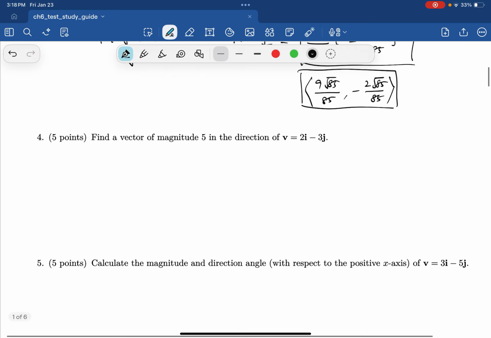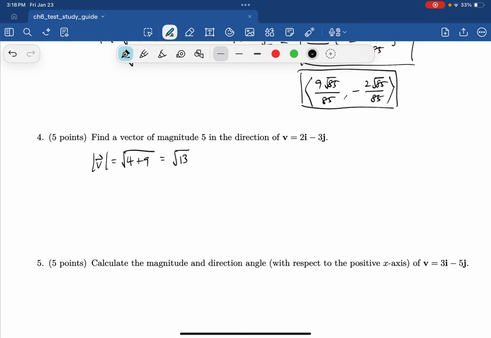Next question. Okay, to find a vector of magnitude 5 in the direction of this vector, first we're going to find a unit vector that points in this direction. That's going to have magnitude 1. And then we're going to multiply that unit vector by 5, which will give us a vector of magnitude 5. Okay, so the magnitude of V is square root of 4 plus 9, which is root 13.